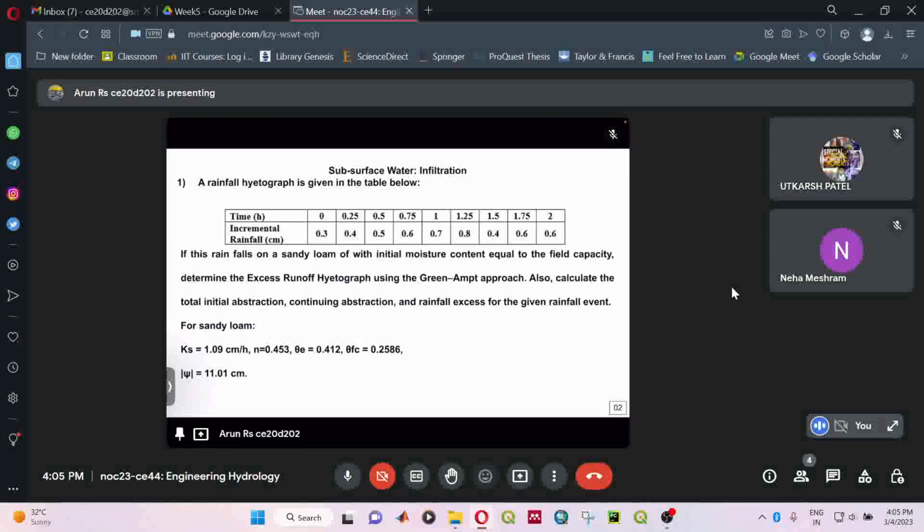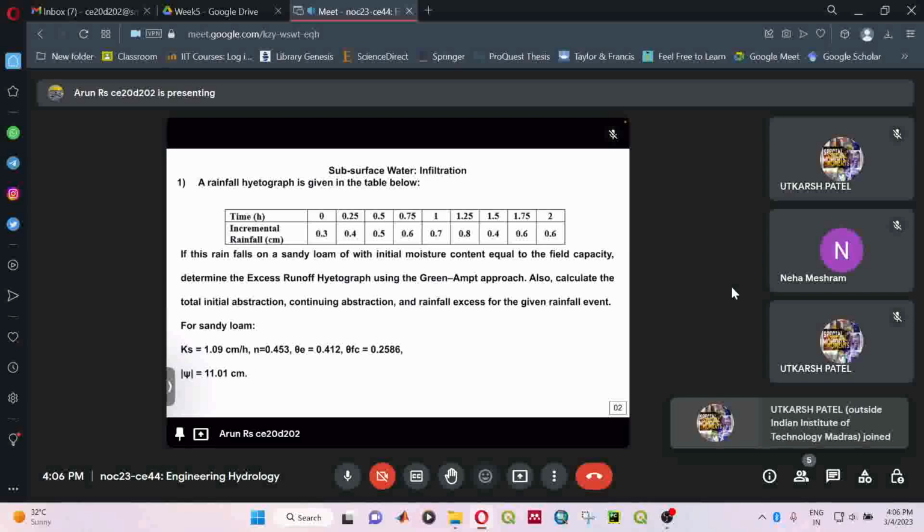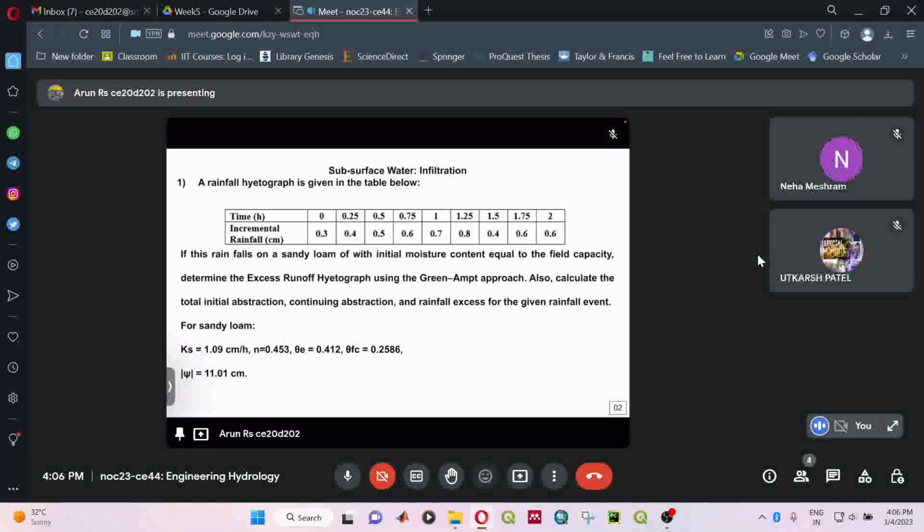This rain falls on a sandy loam with initial moisture content equal to the field capacity, and we need to determine the excess runoff hydrograph using the Green-Ampt approach, subtracting the infiltration. We need to calculate the total initial abstraction, the continuing abstraction, and the rainfall excess for the given rainfall event.